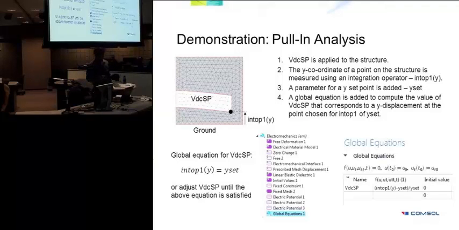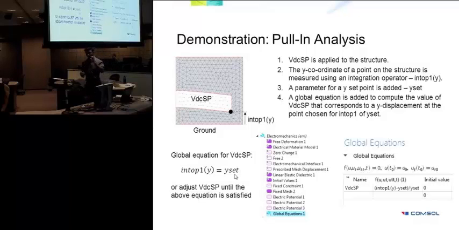It's called integration coupling. So we'll define an operator called integration coupling operator. All it does is take a particular point and record the y-coordinate, or whatever value is associated with that point. And then we'll set that y-coordinate of that point to a variable name. Here I'm calling it y set.